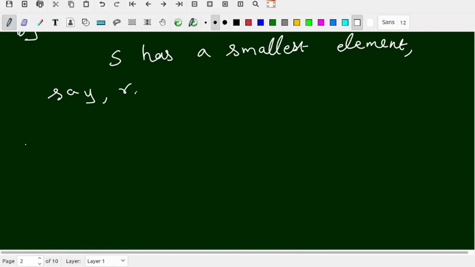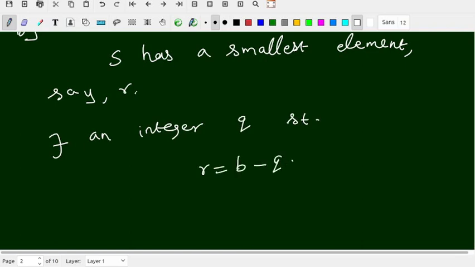R is a member of S, that's clear, and it is the smallest in S. So there exists an integer q, in the place of k, such that R equals b minus qa. Why? Because R is a member of S. The structure of S we know: any element of S can be written as b minus some integer times a.